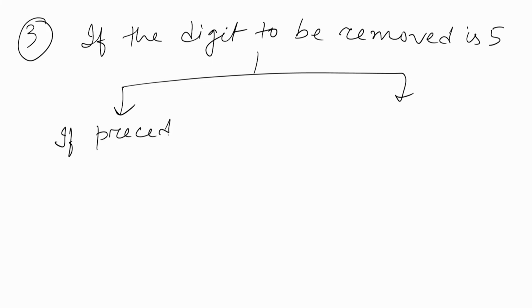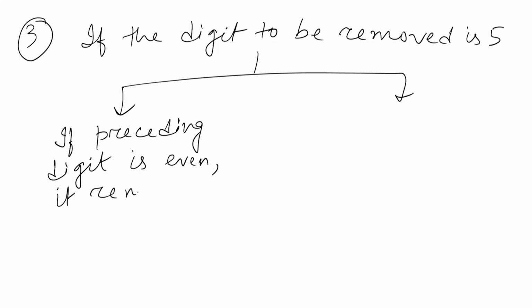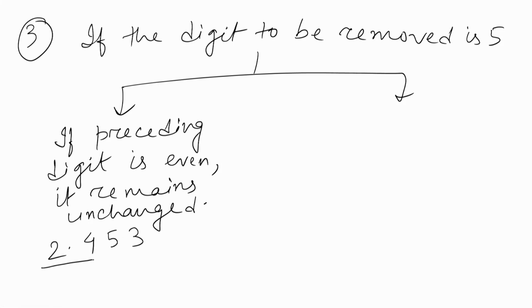If the preceding digit is even, it remains unchanged. Let's say we have 2.453, we want to keep up to one decimal place. We have to remove 5. Now the preceding digit is 4, which is even. So we write this as 2.4.